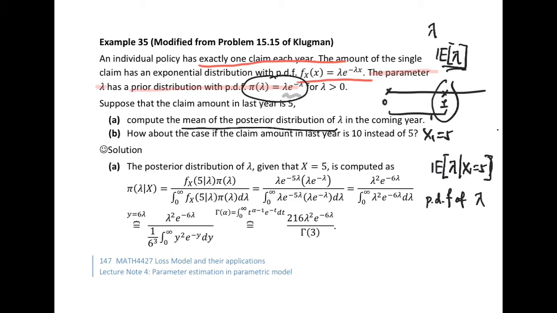Don't forget that we already have one piece of information available. So what you should do is obtain the posterior distribution instead.